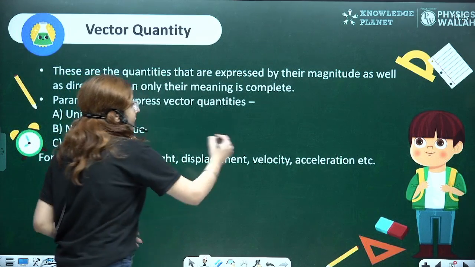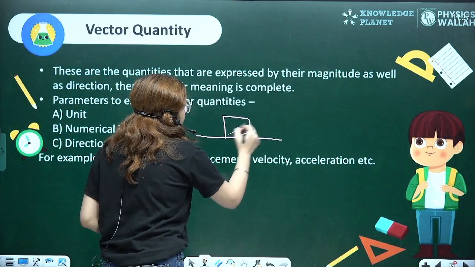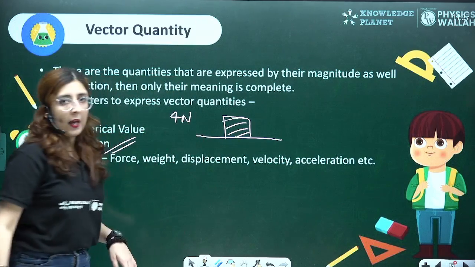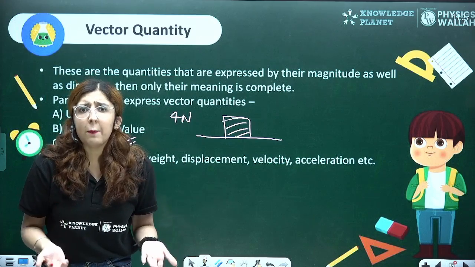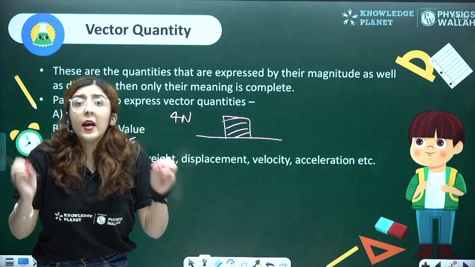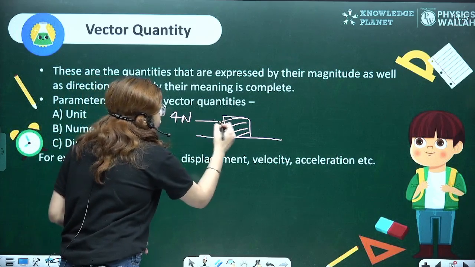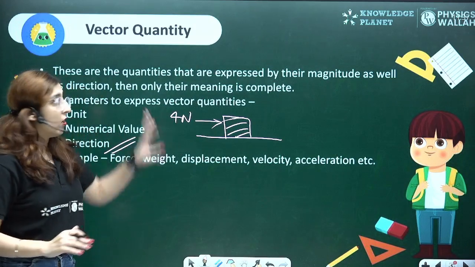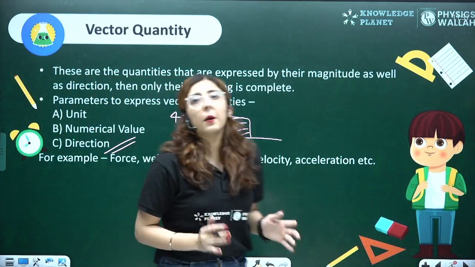A box is there. I am telling you, push the box and 4 Newton of force you have to apply. Won't you ask me, where should I push the box? Right, left, top, bottom, north, south? Without this direction, you cannot complete your task. Similarly, without the direction, vector quantity information is incomplete.